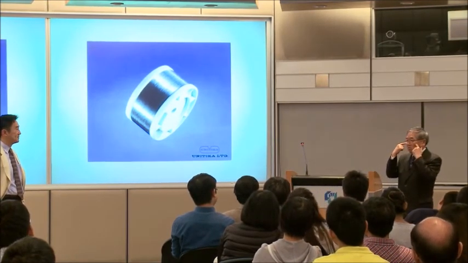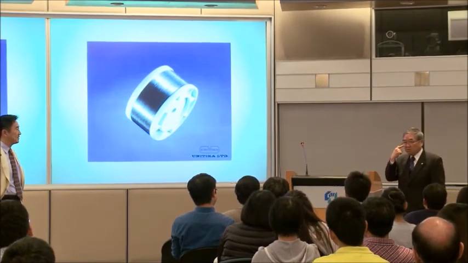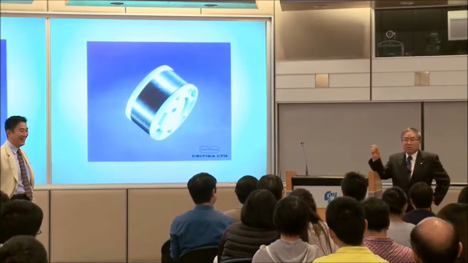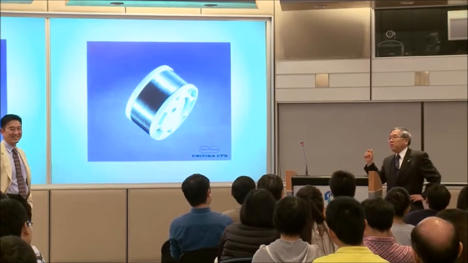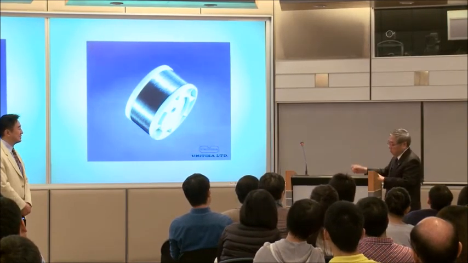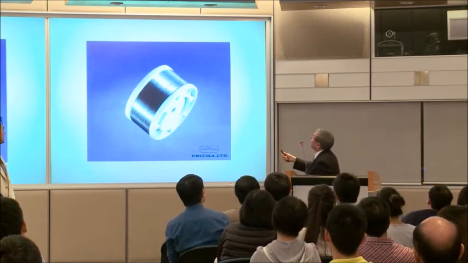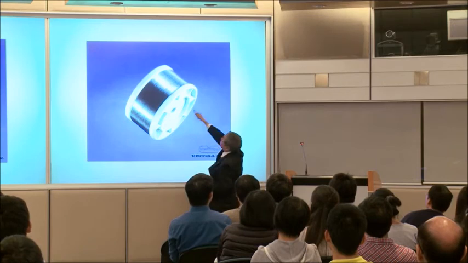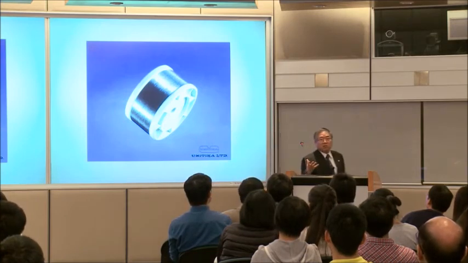Depending on the ability of our eyes, we were not able to identify. 0.015 millimeter is very difficult to identify. You can see this wire scarcely. It's too fine to identify.